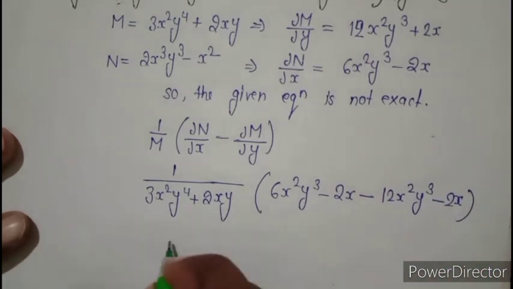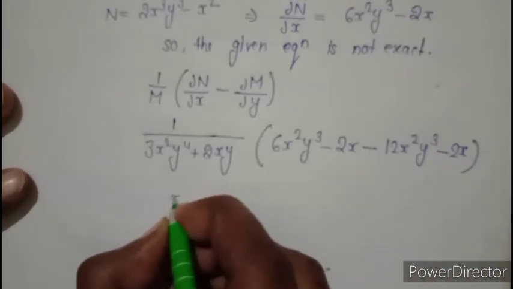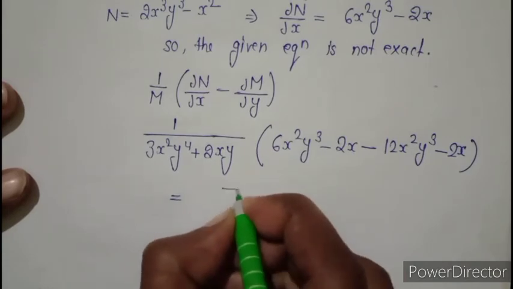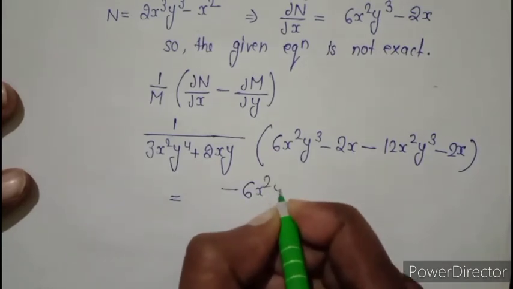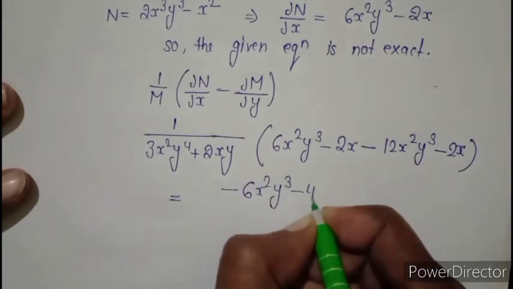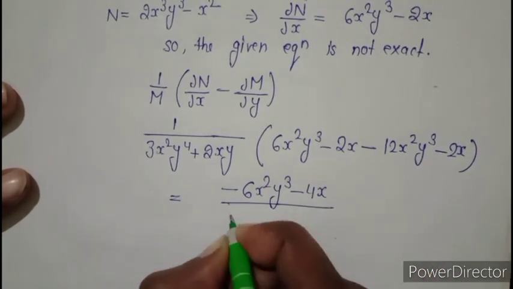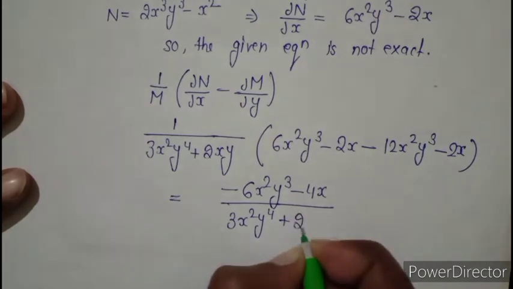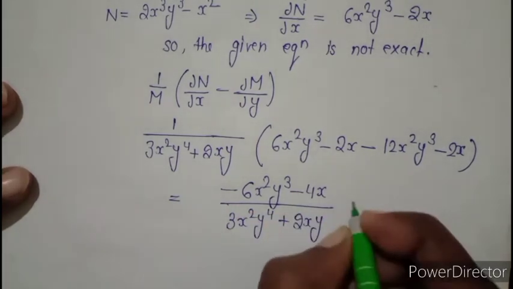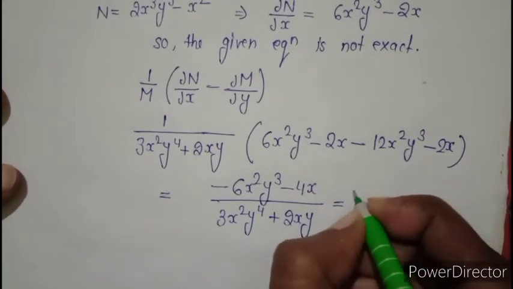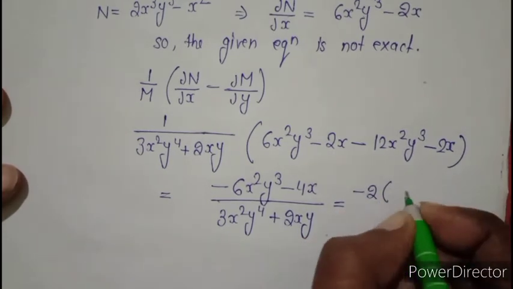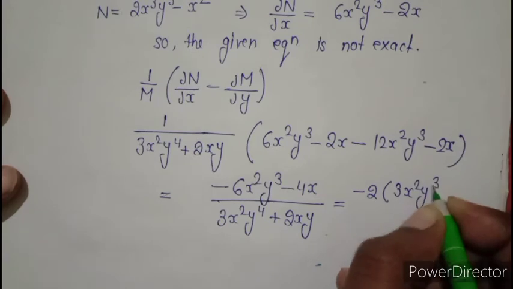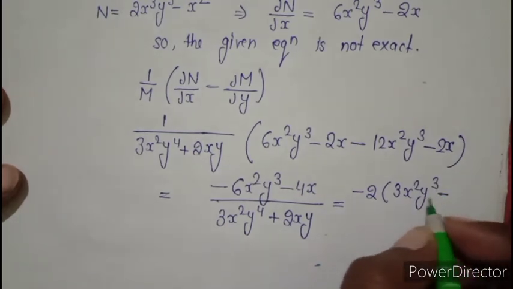So if we solve it, what do we get? Minus (6x²y³ plus 4x) upon (3x²y⁴ + 2xy). I can take 2 common here, minus 2. So what I get is (3x²y³ plus 2x).